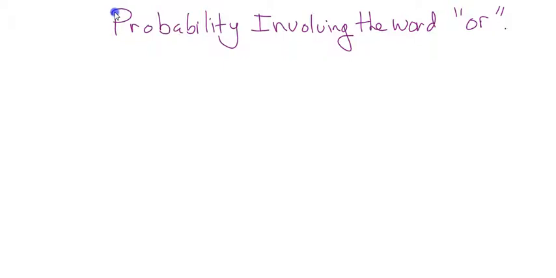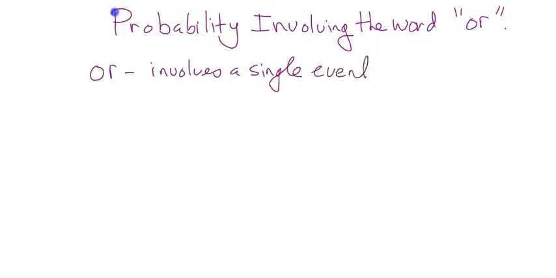When we talk about the word or, we're talking about a single event. Like, I draw a card and I want to know if it's a king or a spade. All I've done is one thing; I've just drawn one card. I'm not doing two different things.